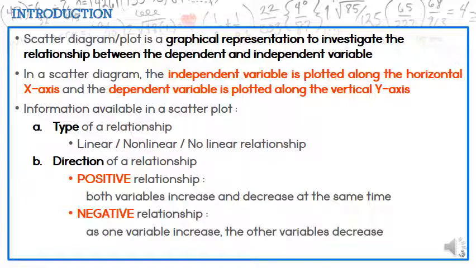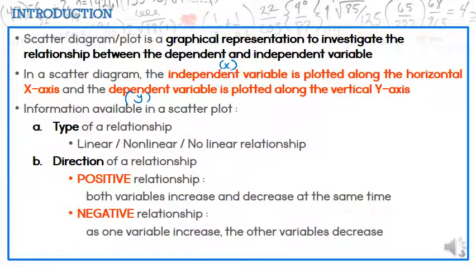In a scatter diagram, the independent variable is plotted along the horizontal x-axis. Independent variable is your x, and the dependent variable is plotted along the vertical y-axis. Dependent variable is y.